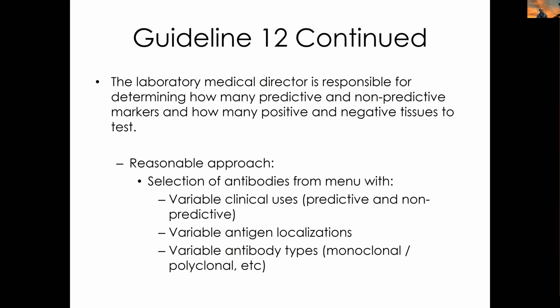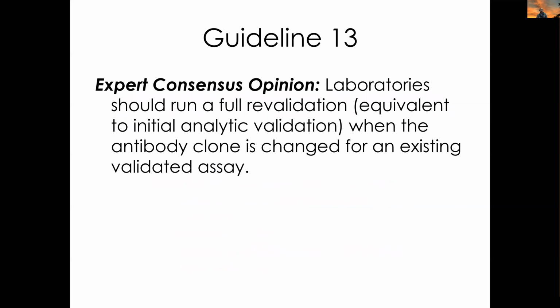So that gives you an idea of being able to revalidate your assays in those circumstances in a reasoned manner to inform confidence in interpreting these results in a variety of antibody types and situations.